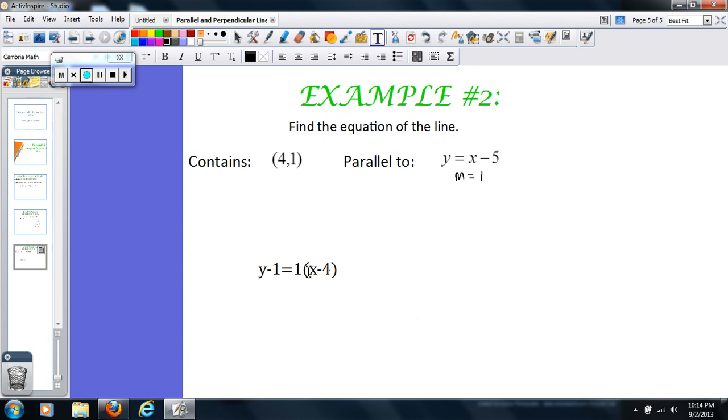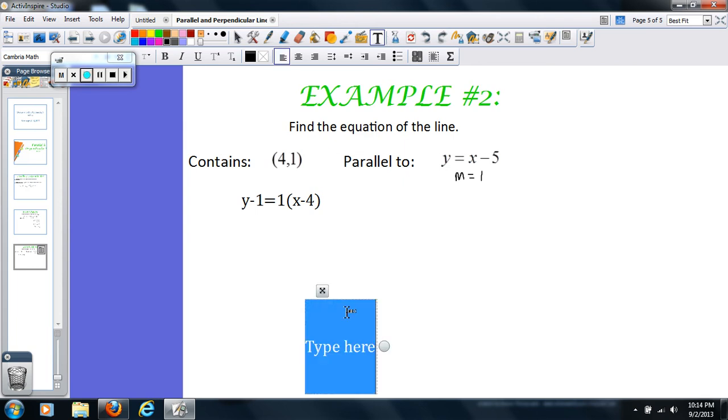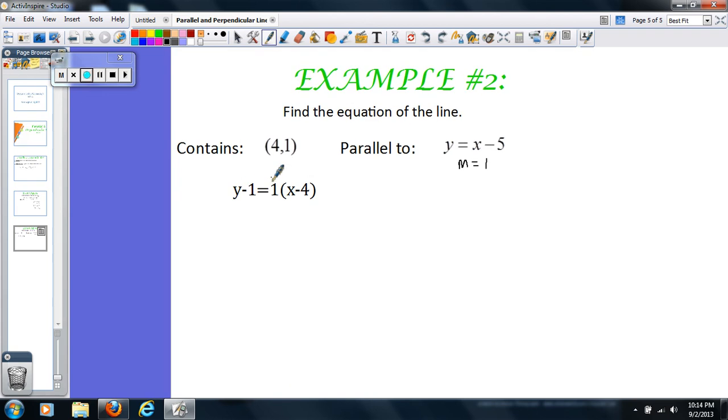Let me move this up here. Once I do this, we're going to distribute, so the 1 gets distributed in. You've got y minus 1 equals x minus 4. Let me fix this so that you don't confuse it with a 4.